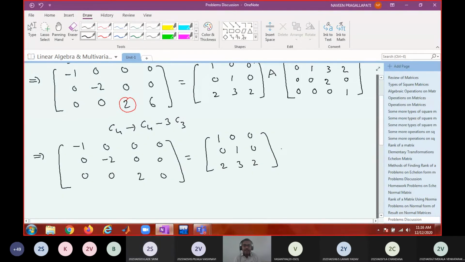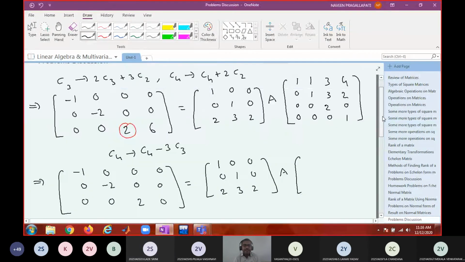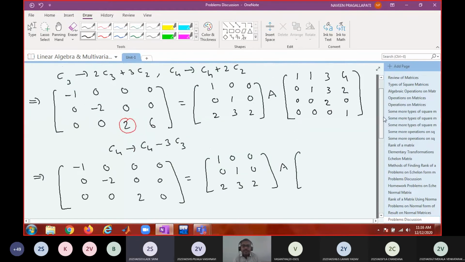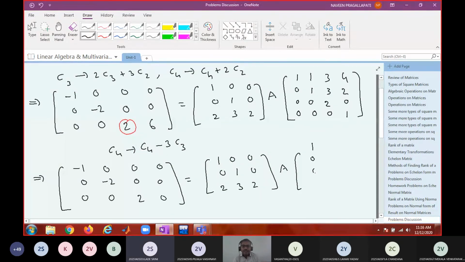What is the post factor? 1, 0, 0, 0, 1, 0, 0, 0, 1, 1, 1, 0, 0, 0, 3, 3, 2, 2, 0.